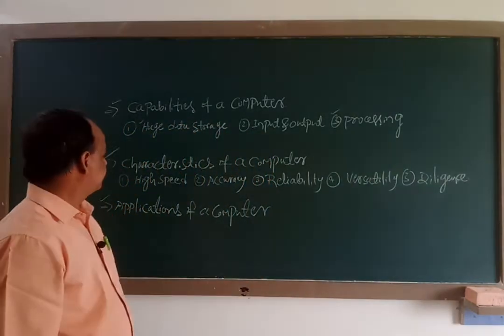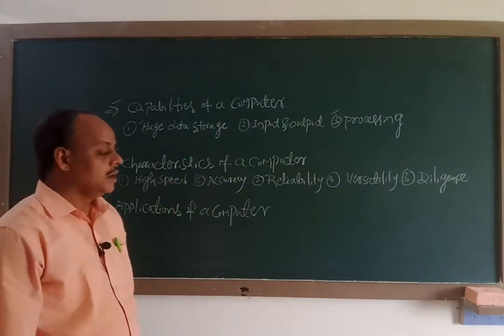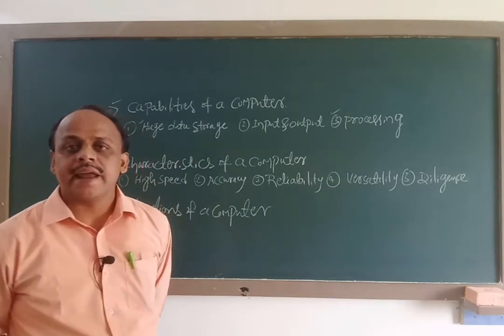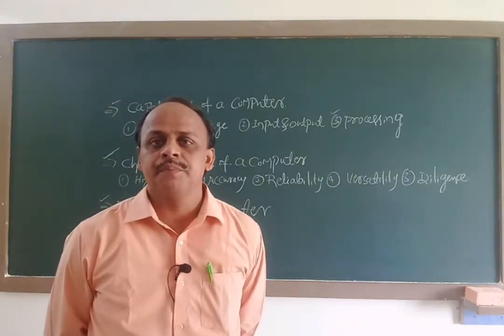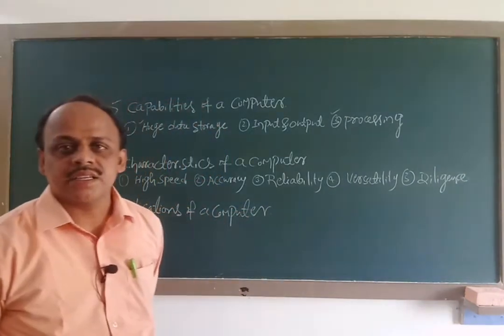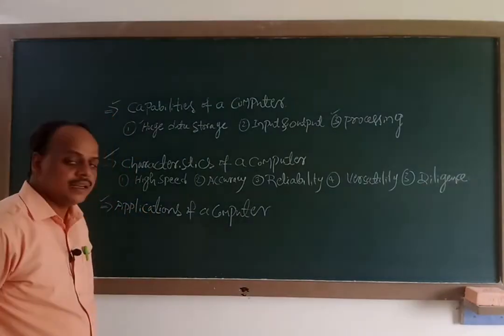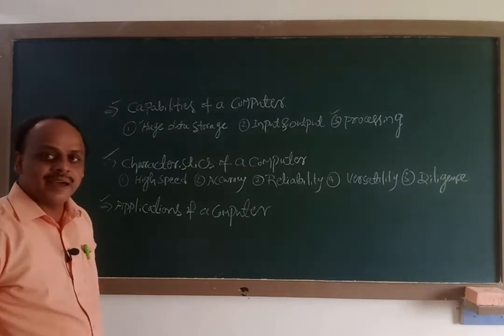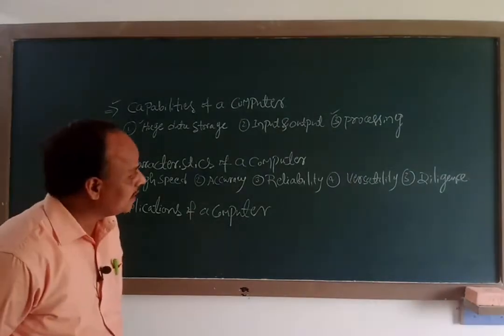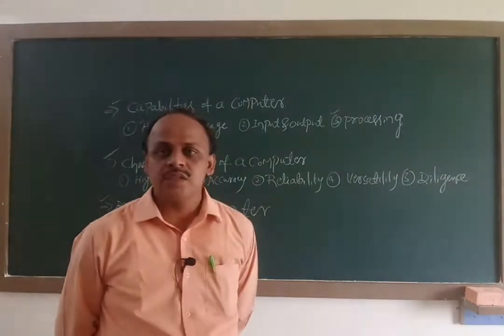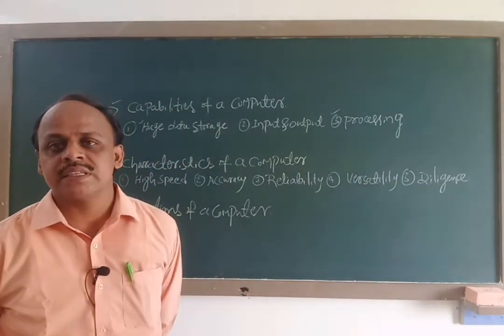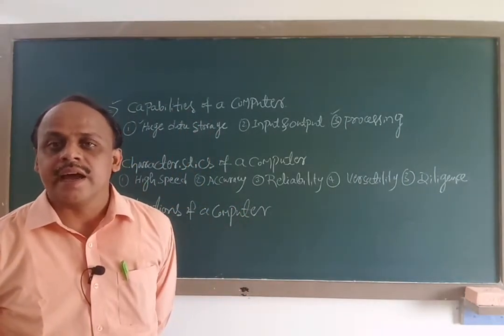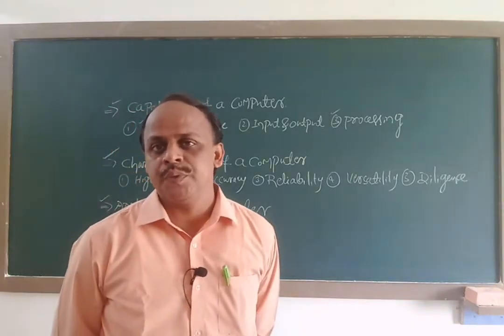These 5 points represent characteristics of a computer. What are the characteristics of a computer? High speed, accuracy, reliability, versatility, diligence. These 5 points are considered as characteristics of a computer.